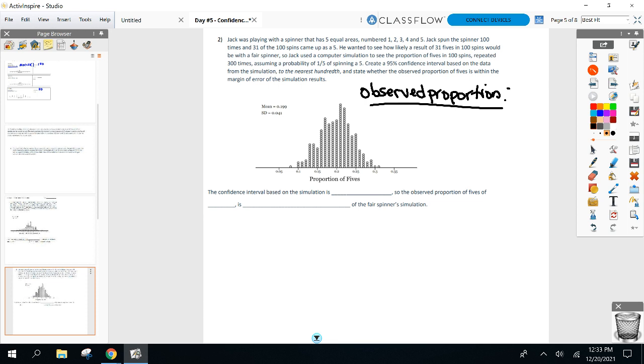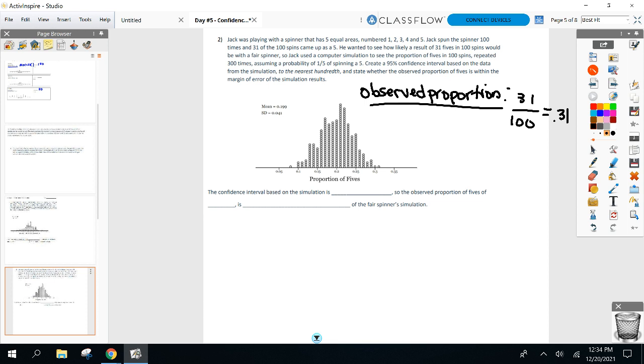So our observed proportion is 31 out of 100, which as a decimal, and I'll show you why I like it as a decimal, would be 0.31. And that's what these numbers on the dot plot represent. What decimal out of 100 did you get fives? So we got about 31% fives came up.